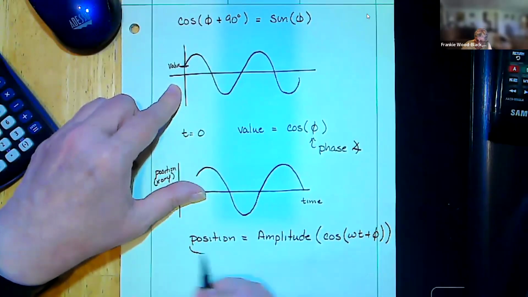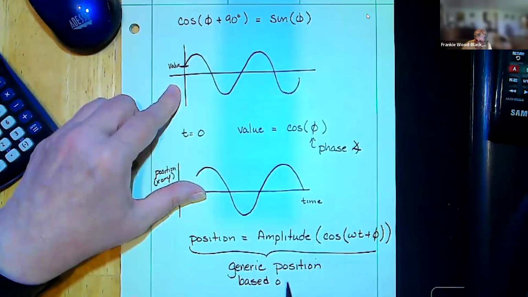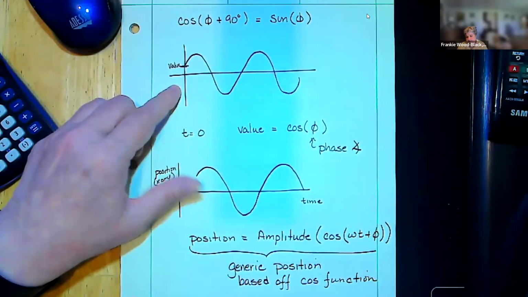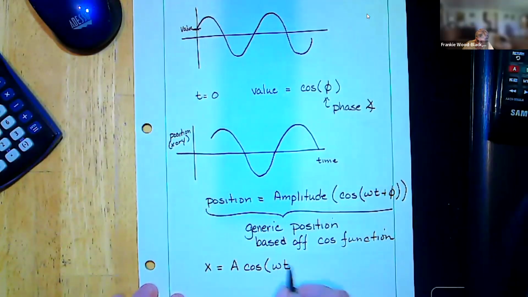So this is the generic position based off my cosine function. Okay. And so we can rewrite this as x is equal to A cosine omega t plus phi.